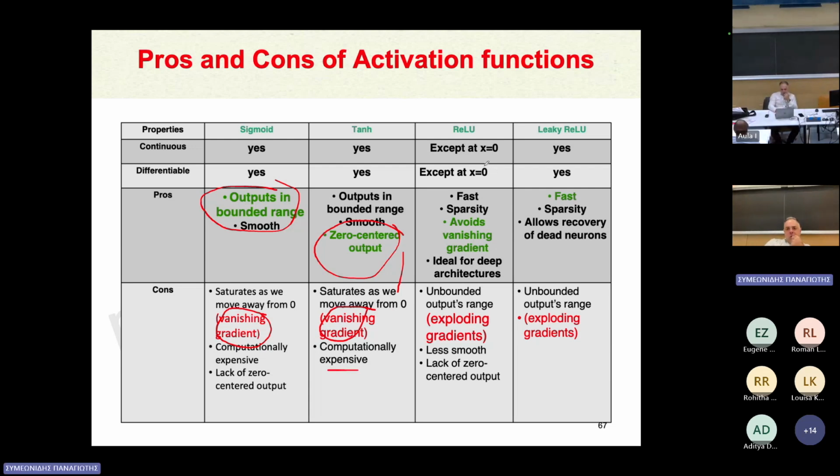We have the ReLU. This ReLU avoids vanishing gradient, so it solves the previous problem, but however, it has the problem of exploding gradient. So as you can see, there are pros and cons in using these activation functions, and also the leaky ReLU.